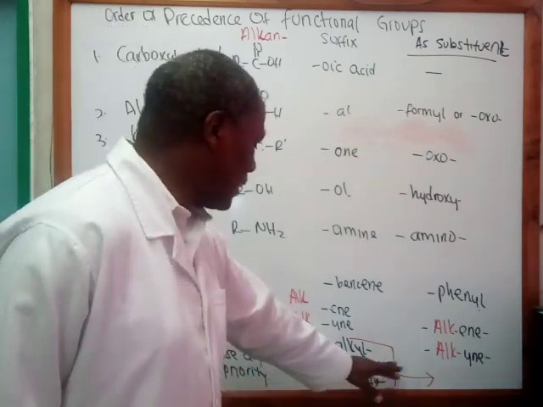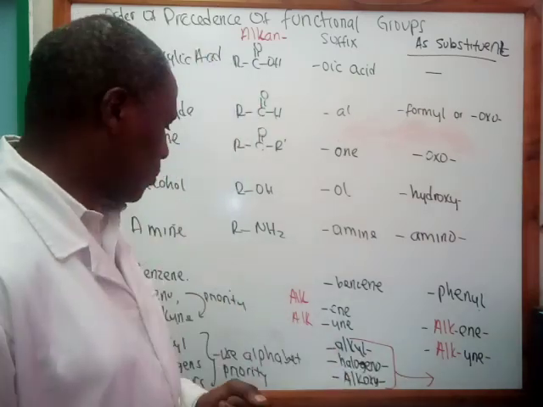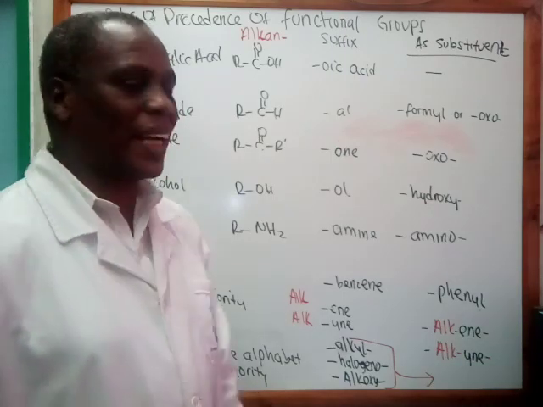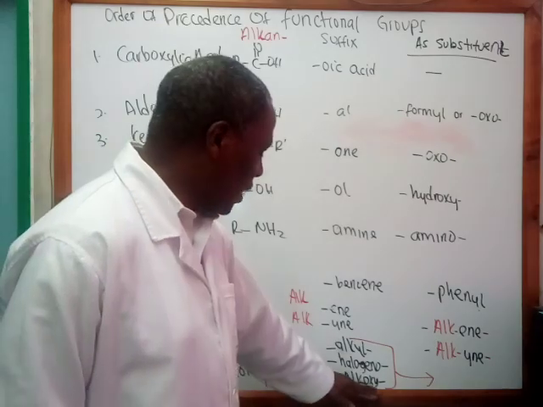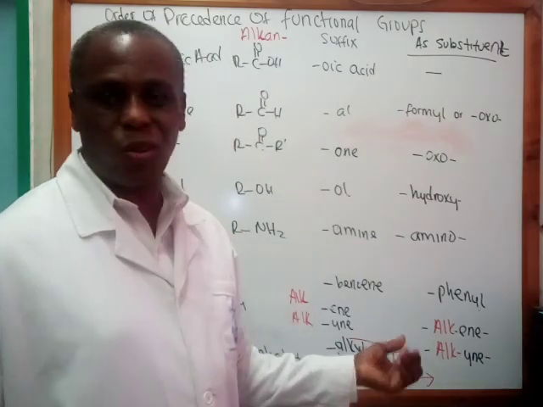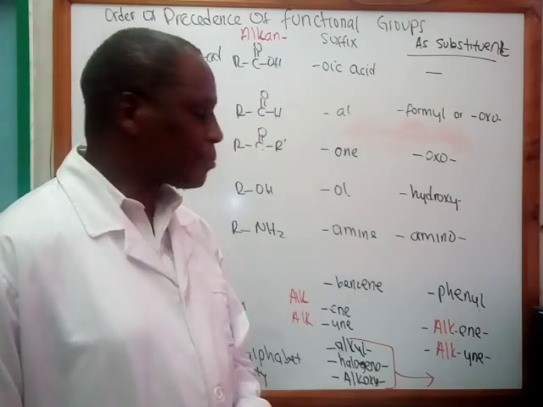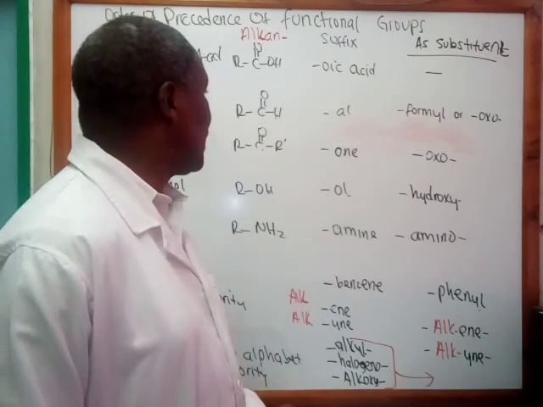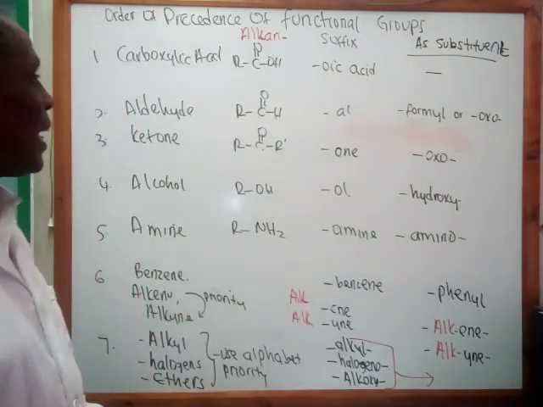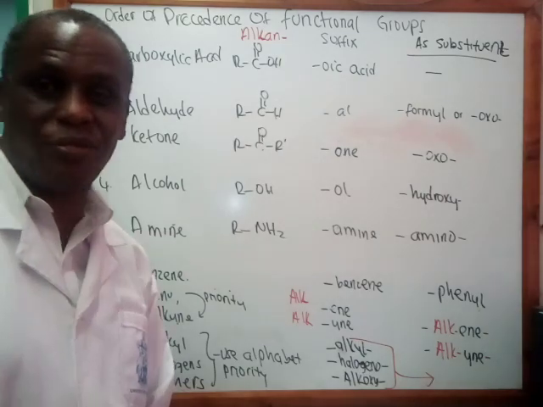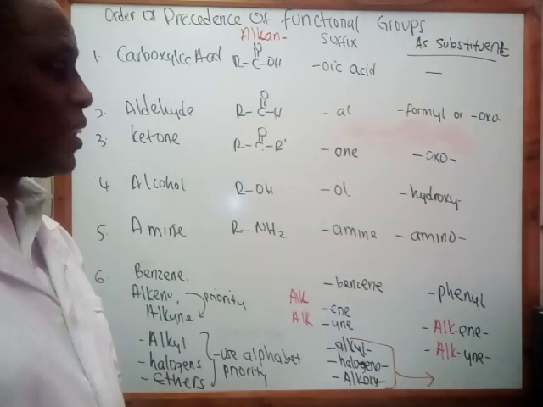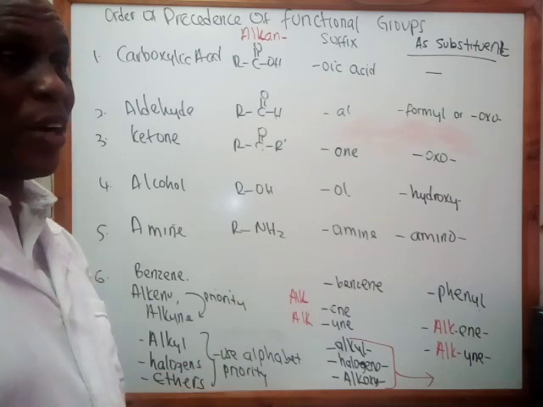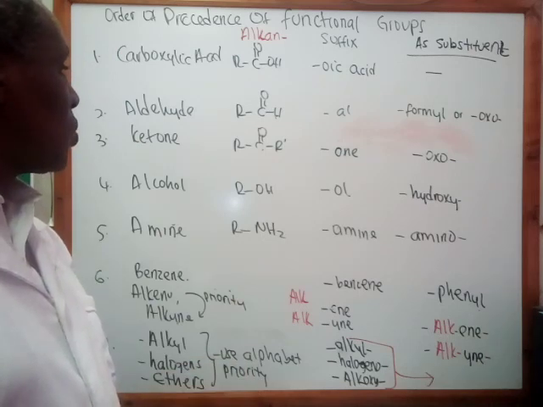That's what is meant by halogeno. And if you have something like ethoxy, propoxy, butoxy, the name will change; that substituent will be called an alkoxy. So this is the priority, and this priority table is very, very important. If you use it, then you will be able to know how to name organic compounds. So that's what you're going to be using.